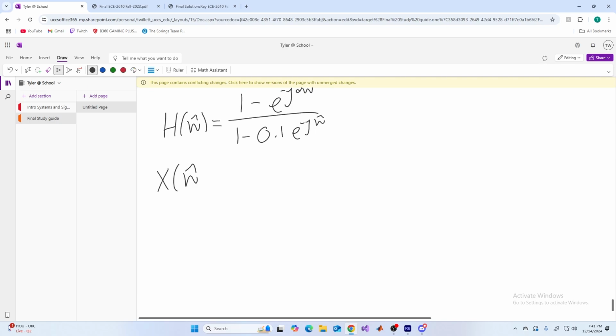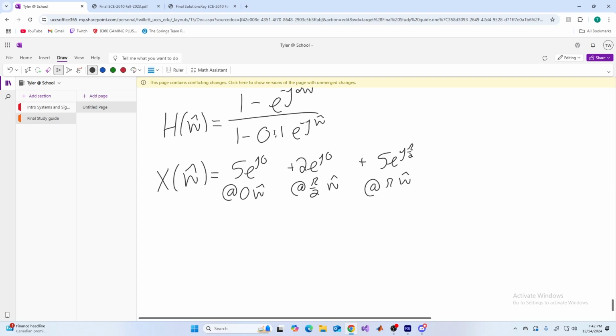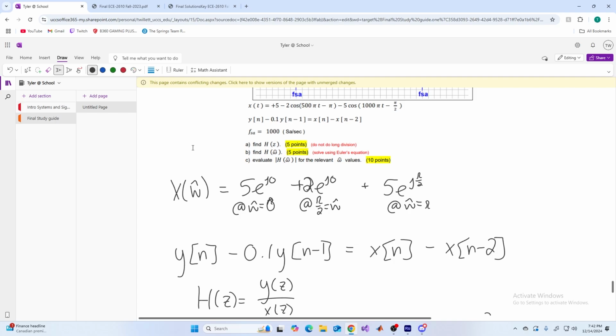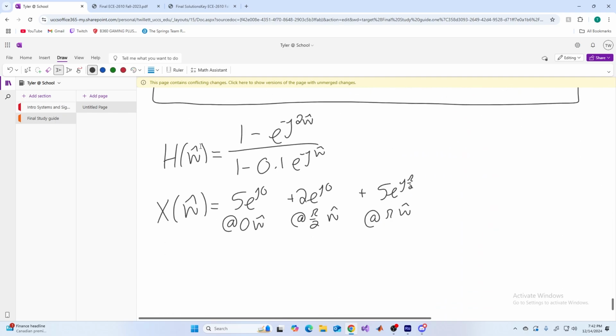Our x sub w hat equals 5e^(j0) at 0 w hat plus 2e^(j0) at pi over 2 w hat plus 5e^(j pi over 2) at, I believe, pi w hat. I want to double check that before we continue forward because I don't want to mess anything up. Yep. Okay.